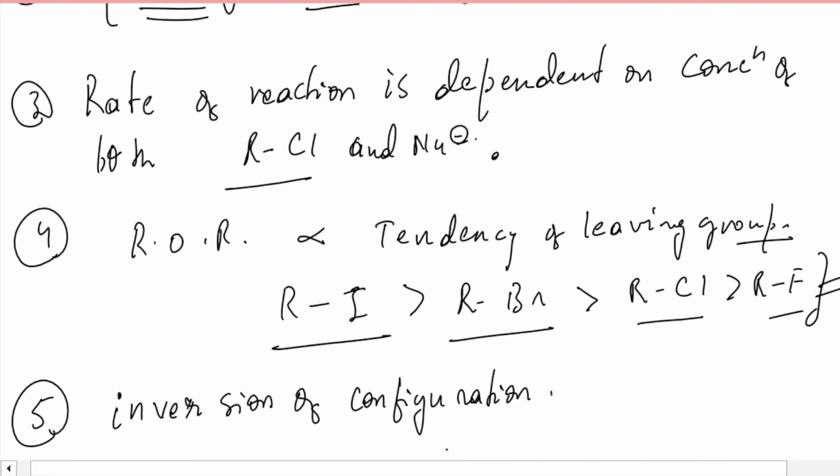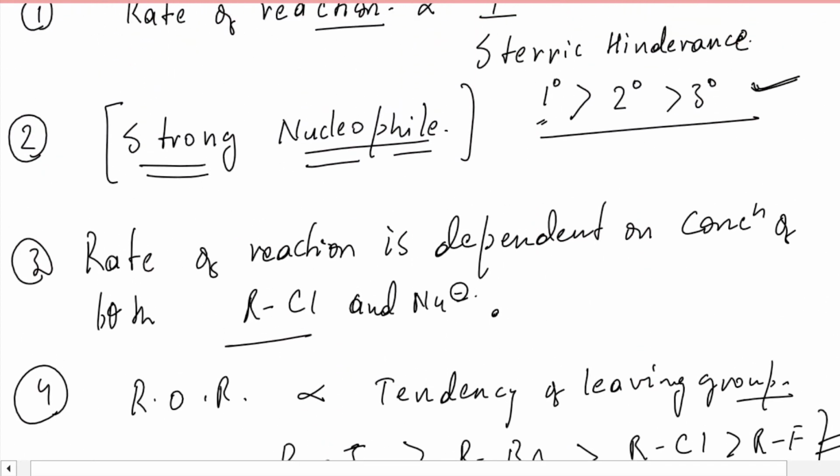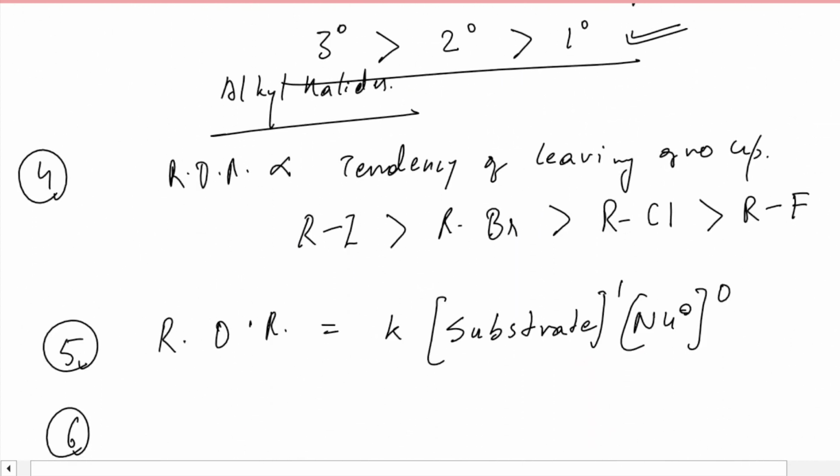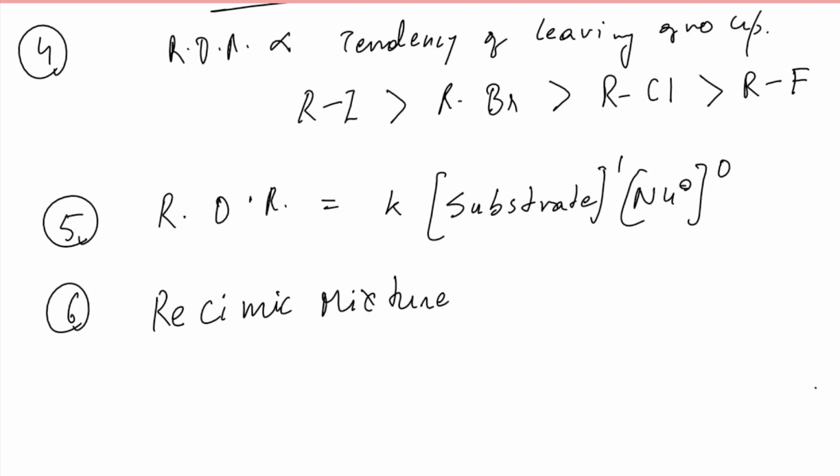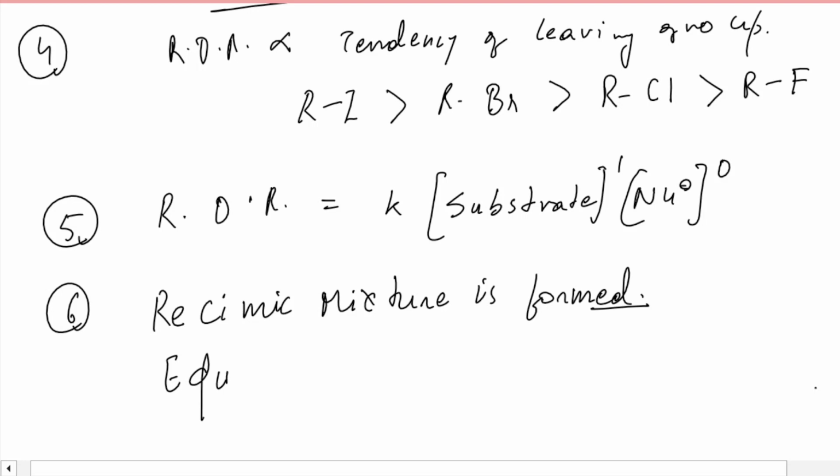More points we can mention here, the sixth one. A racemic mixture is formed here, that is an equimolar mixture of D and L form.